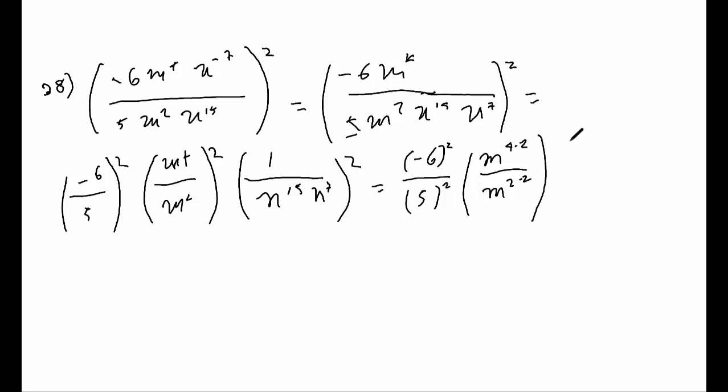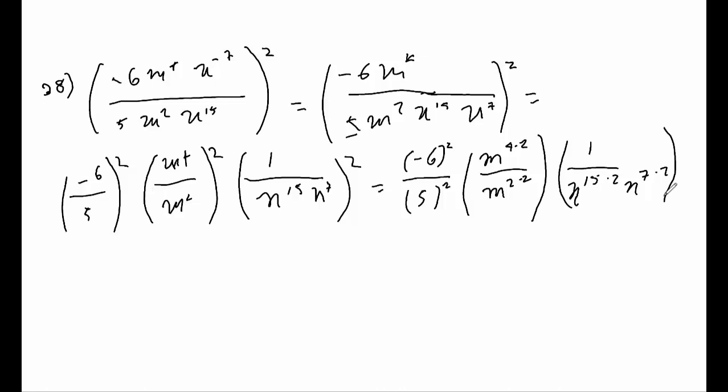And then here I will have, well, 1 times 2, 1 to the 2 power is just 1. So that will remain the same. And then the bottom, I'll use my product rule, n to the 15 times 2, n to the 7 times 2.